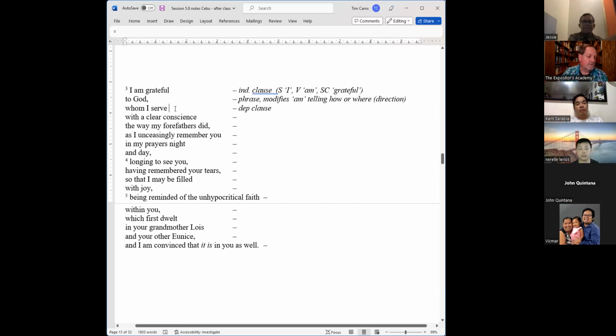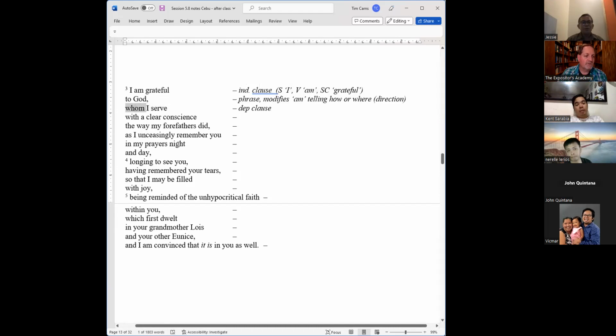There isn't in this case, but there's another reason that it's a dependent clause. Because there is a verb and a subject. Yeah, it's a clause because there's a verb and a subject.